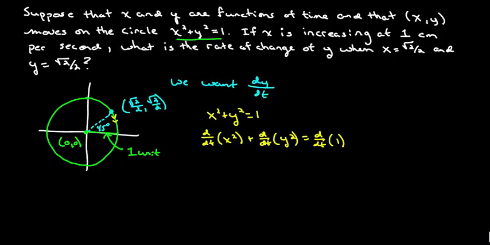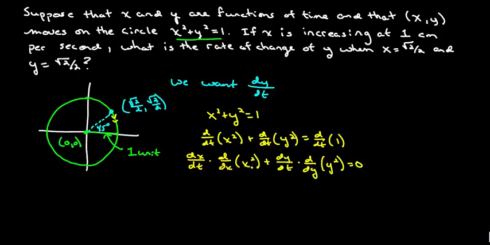I'll show you in a second there's another way to look at this, but this will get us where we want to go. For d/dt of x squared, we use the chain rule. We know that x is a function of t, so we want dx/dt times d/dx of x squared. We'll do the same chain rule here, so this will be dy/dt times d/dy of y squared, and d/dt of 1 is 0.